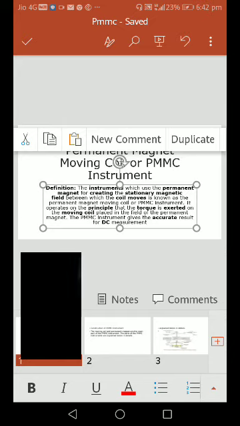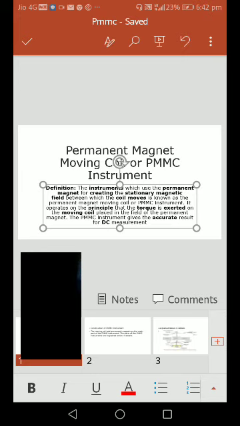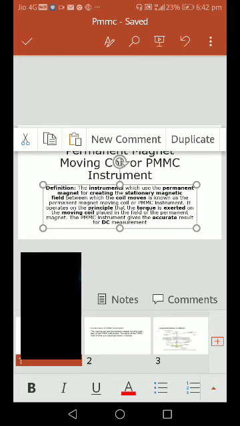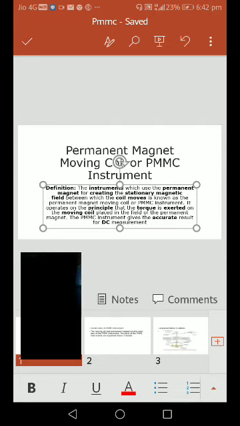The PMMC instrument operates on the principle that torque is exerted on a moving coil placed in the field of a permanent magnet.